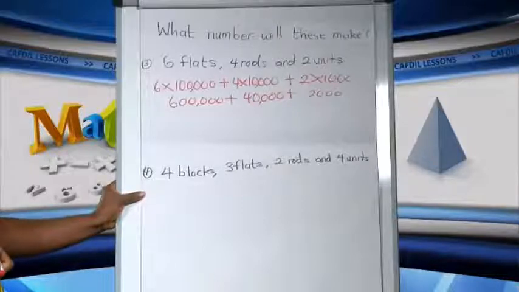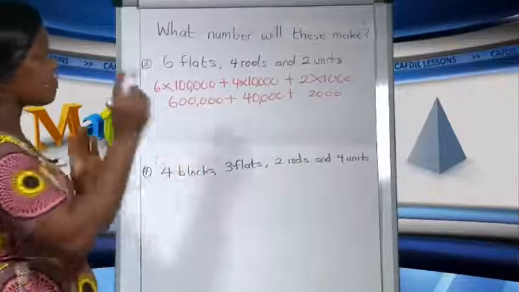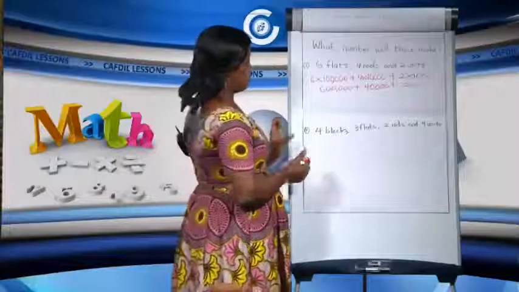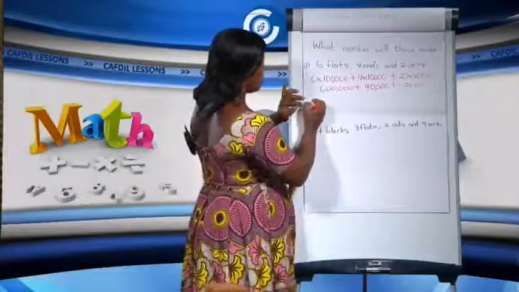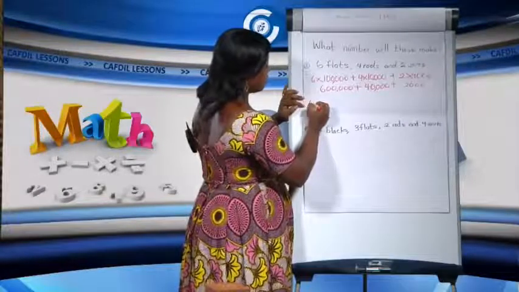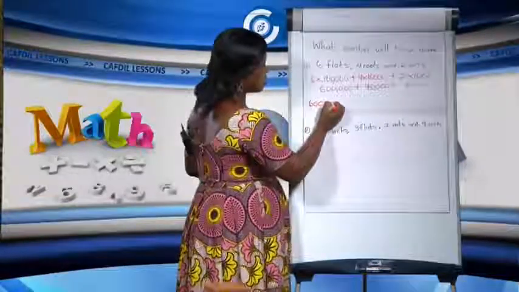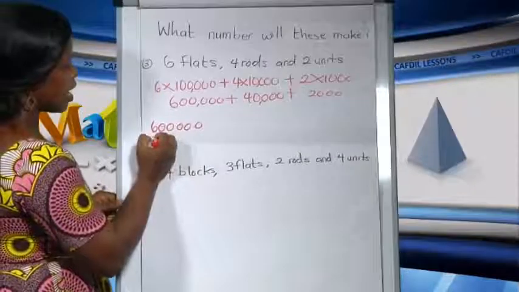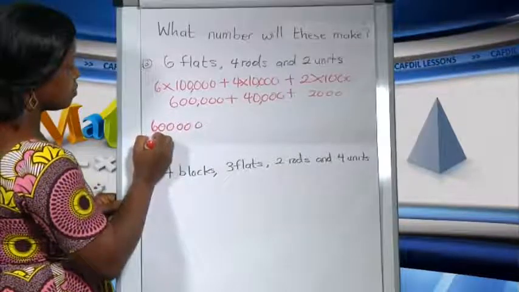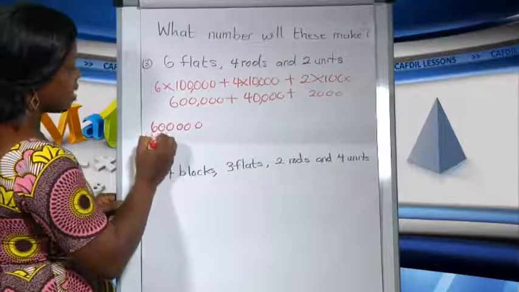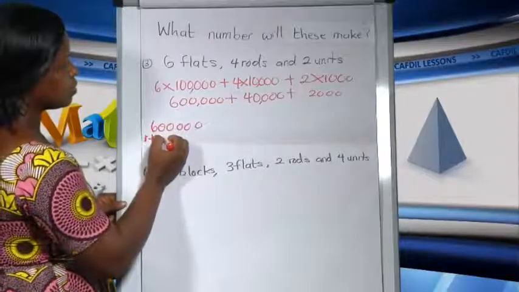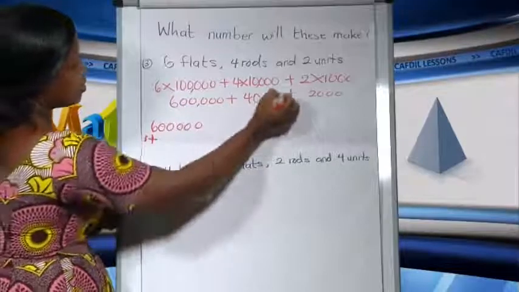For our work to be easier, we have to present this in a vertical form. So we will have 600,000 plus 40,000.